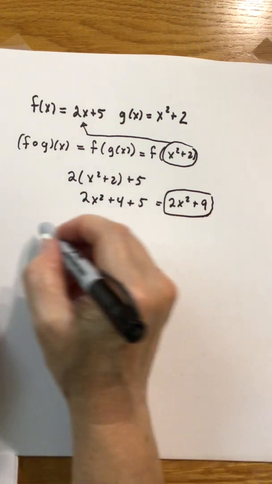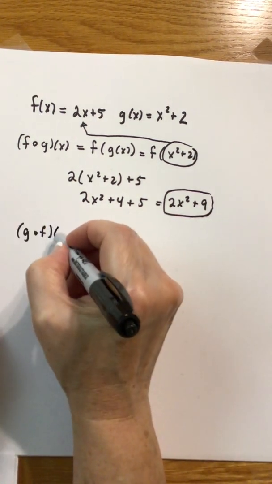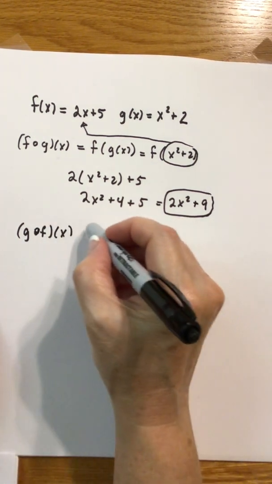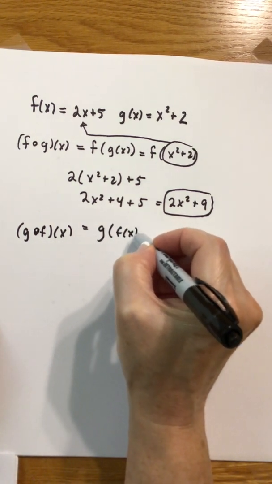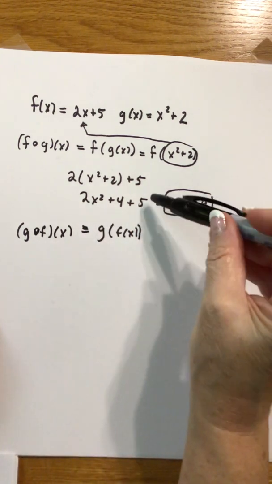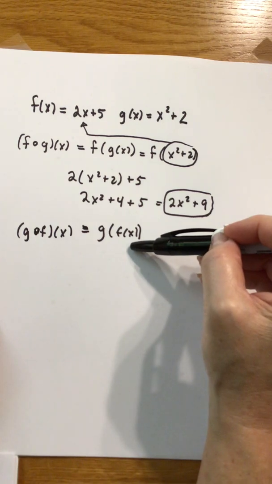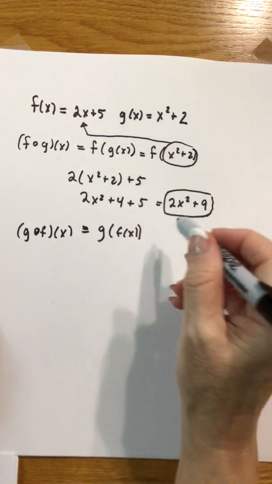So now if we wanted to go g circle f of x, and be careful, make sure your circle doesn't fill in, then what is this going to be? G of f of x. Now we still have our functions up here at the top. So now which one are we going to plug in? Well, this says f of x inside the parentheses, so we're going to place f of x in place of that f of x.